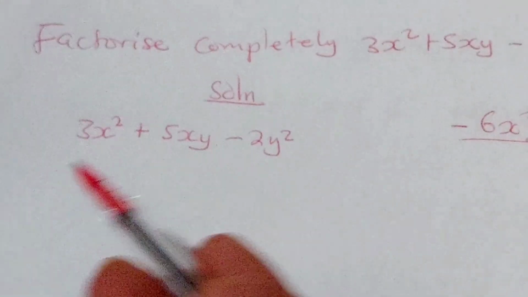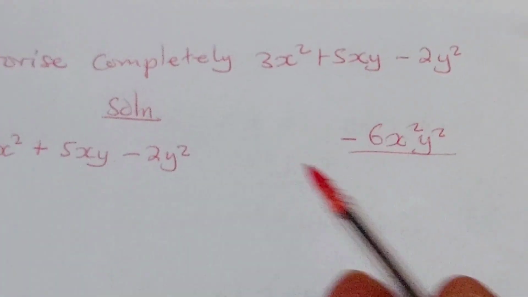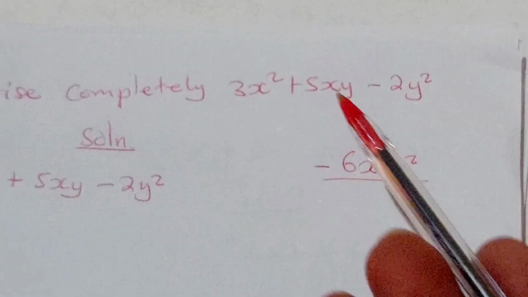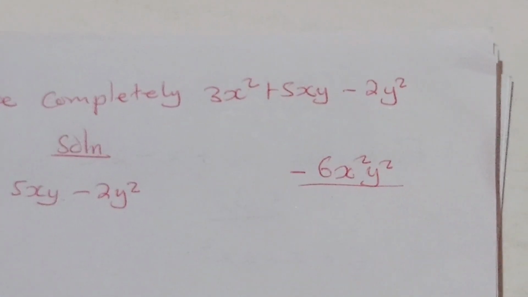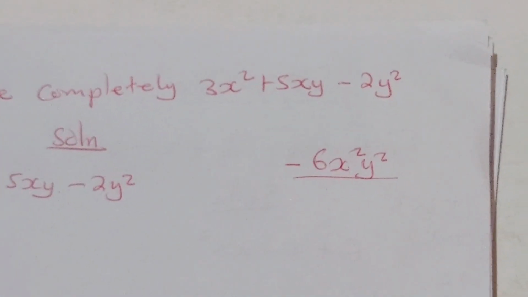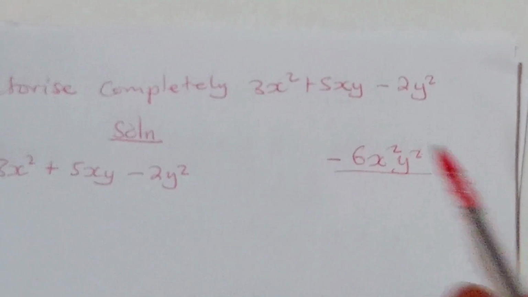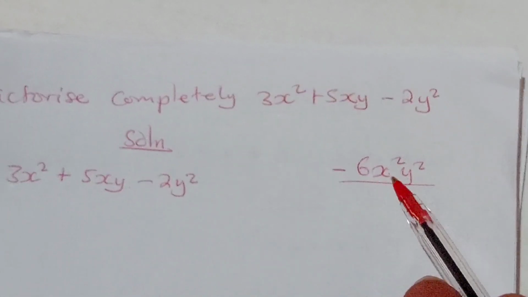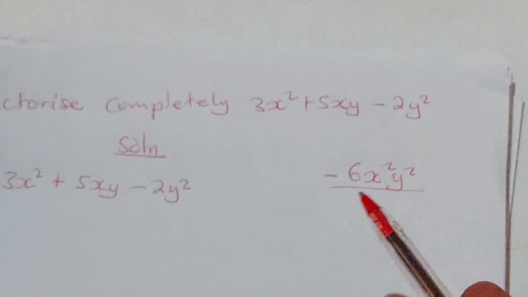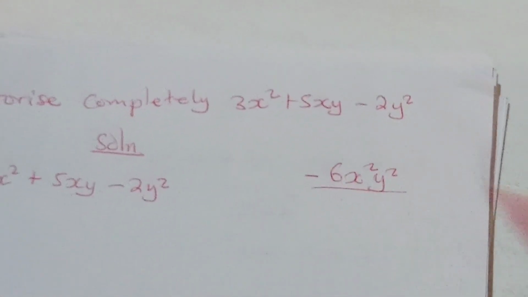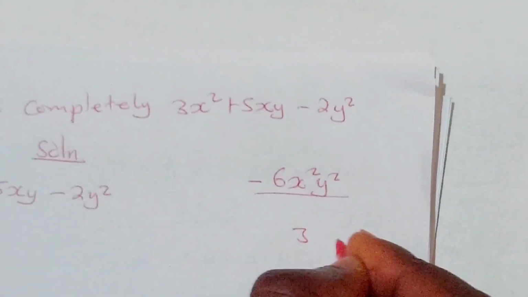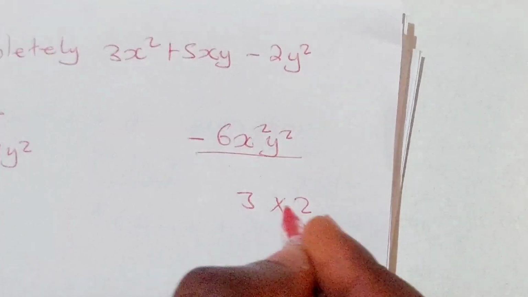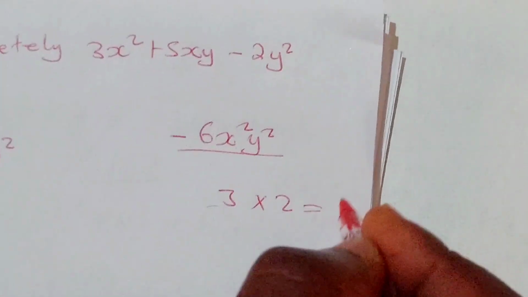So generally, we can have the factors as 1 is a factor of 6, 2 is a factor of 6, 3 is also a factor of 6. Now we might have 2 and 3. We can say 3 multiplied by 2, and if we multiply these two, we get 6.